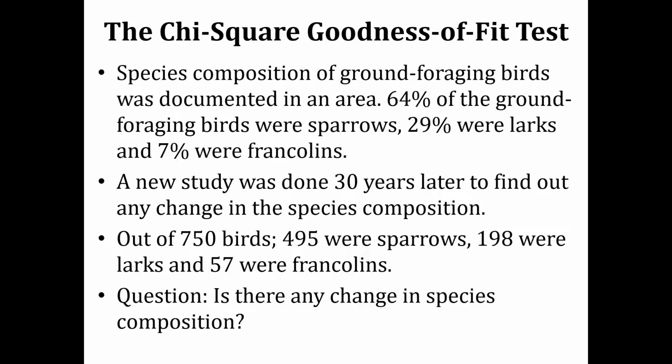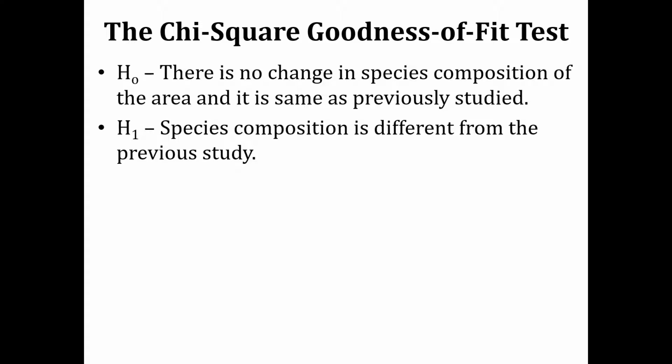Again, we are dealing with frequencies, so we have to apply the chi-square test. And what kind of chi-square test? The chi-square goodness of fit test, because we have pre-existing relative frequencies of different nominal categories. The next step is to state the null and alternate hypotheses.